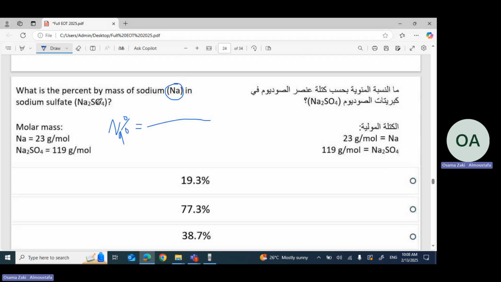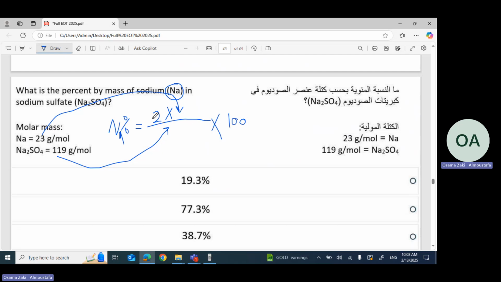We have 2. Okay, times what? The molar mass of Na. Divide by what? Divide by the total, or the molar mass of the compound. Okay. Then times 100.